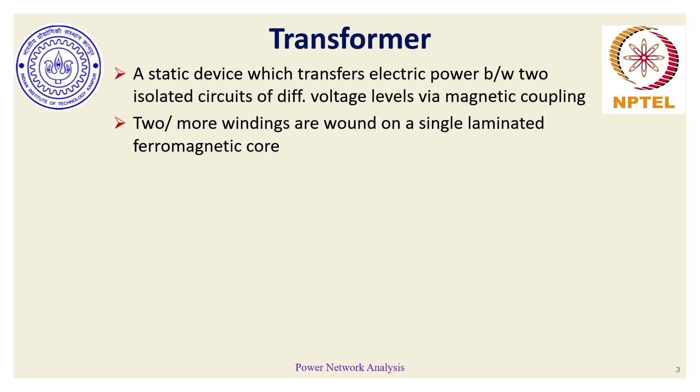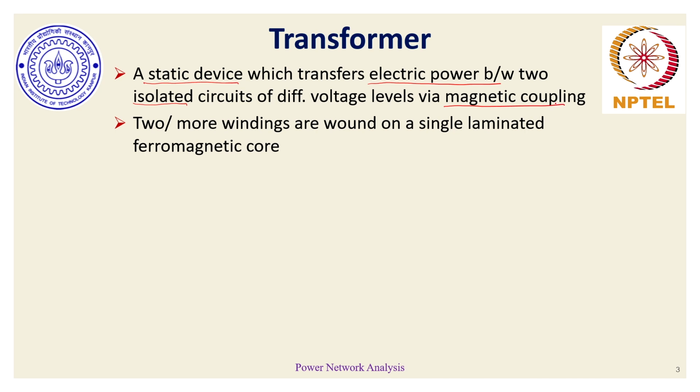A transformer, a typical transformer I would say, does not have any rotating device or rotating part, and hence these transformers are static devices which essentially help in transfer of electrical power from one voltage level to another voltage level in two different circuits, and these circuits are often isolated, in the sense these circuits are not electrically connected but they are magnetically coupled.